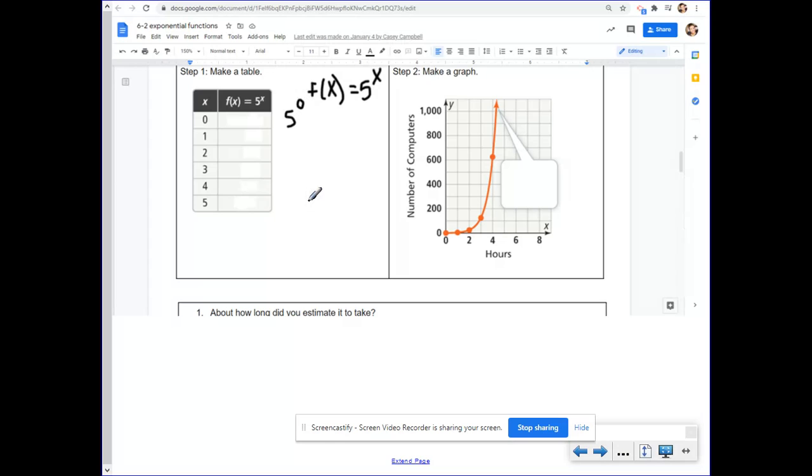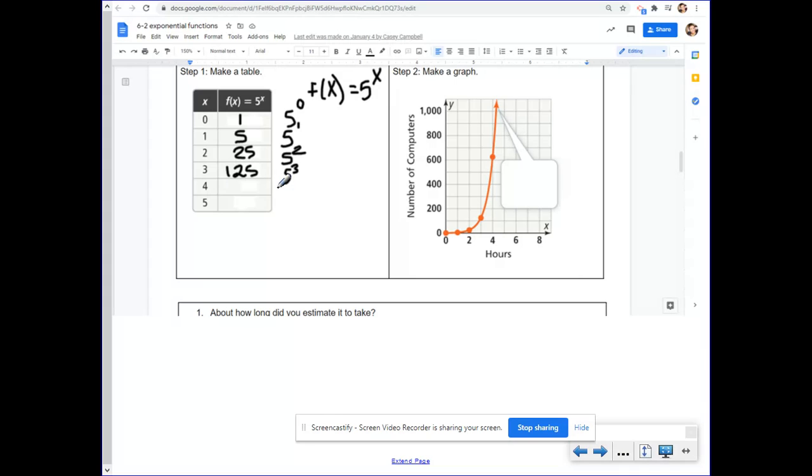That represents if no computers, well, anything to the 0 power is what? 5 to the first power is 5. 5 to the second power. 5 to the third power. So remember, we're taking 5 times 5 times 5. The next one would be 5 times 5 times 5 times 5.